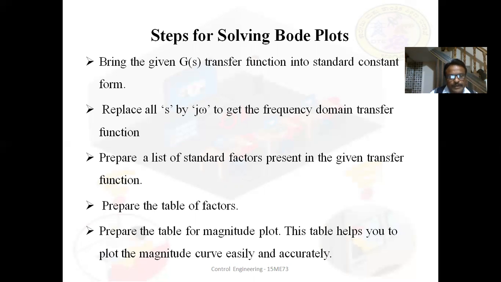Then the next step, prepare a table for magnitude. This table helps you to plot the magnitude curve easily and accurately. For each factor, we find the resultant slope and the corner frequency, where it starts and where it ends.